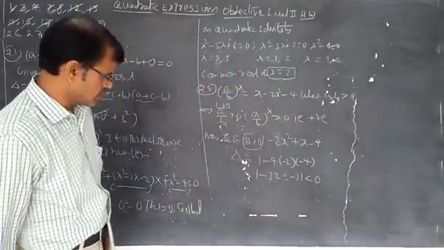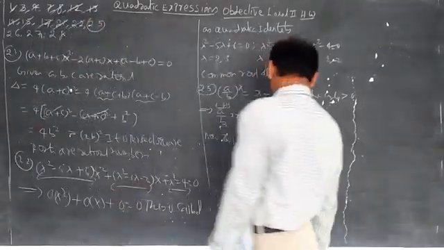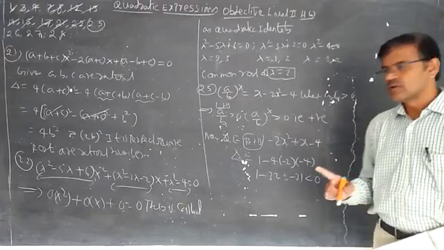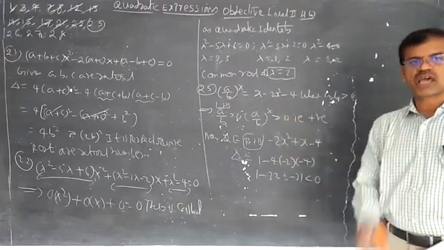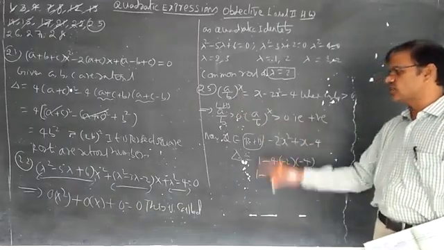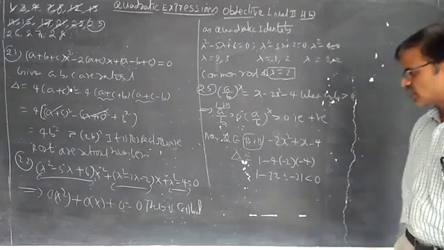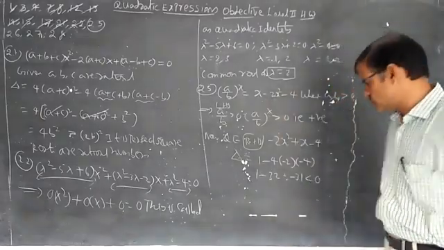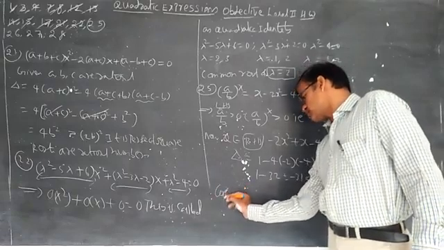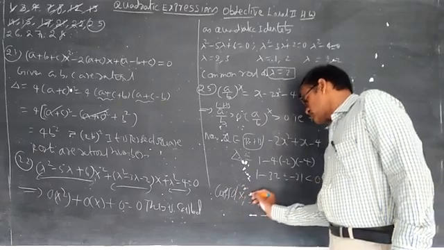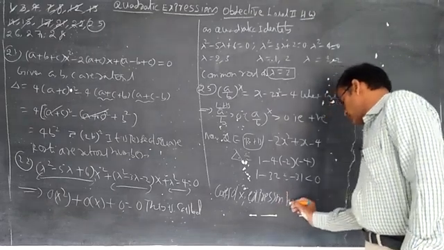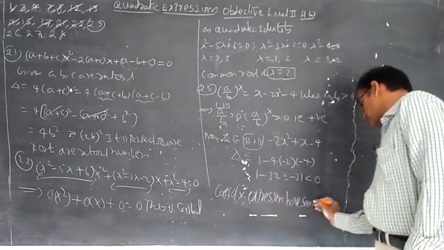Whenever delta is less than 0, the coefficient of x² and the expression have the same sign. But the coefficient of x² we got here is negative, while the LHS is positive. Positive never becomes negative, so it is wrong. It is an absurd case. So there will be no roots.